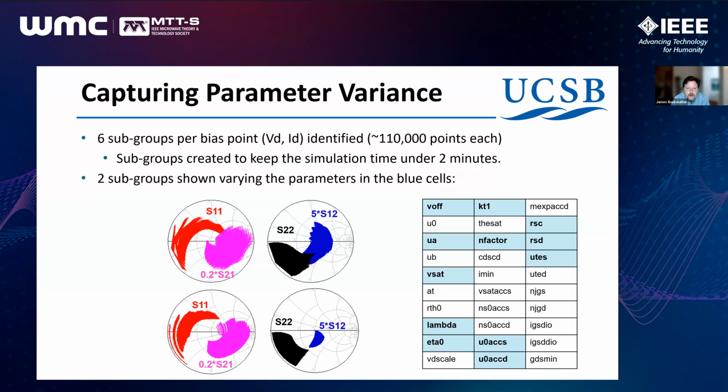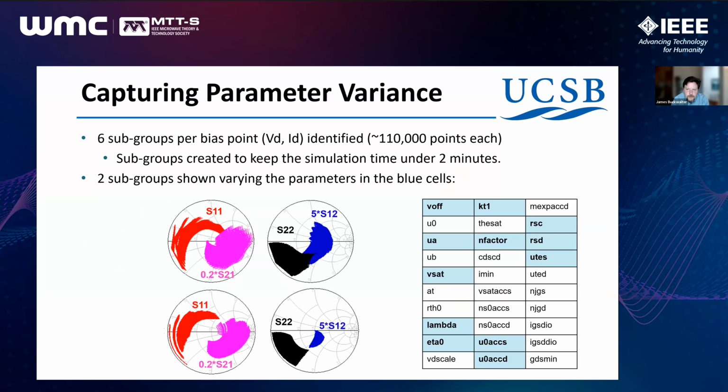In the parameter variants, you can see these are some of the S parameters that result when you start to train the model with these different parameters. And this is just a sample of different subgroups with different bias conditions that can sweep over large numbers of points and see the resulting S parameters very rapidly.